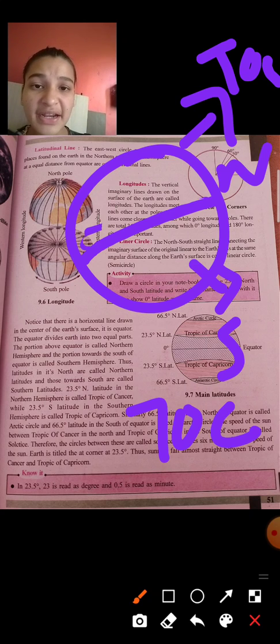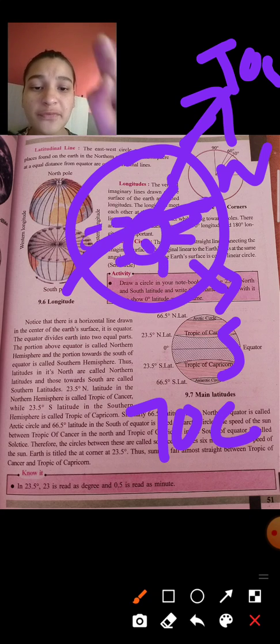Now, the path of the sun which passes between the Tropic of Cancer and the Tropic of Capricorn is known as solstice. Therefore, the region between these is called solstice.